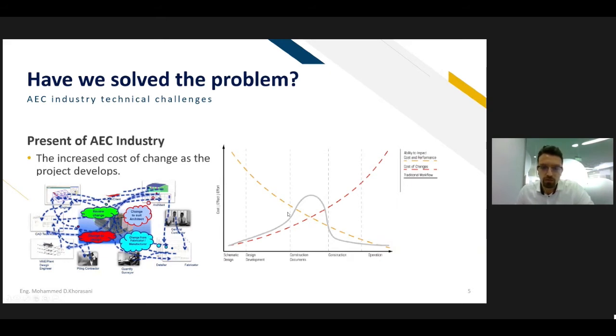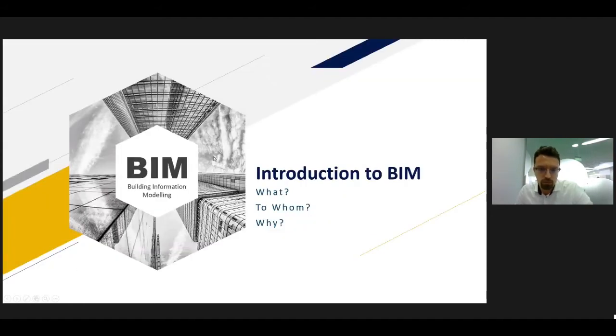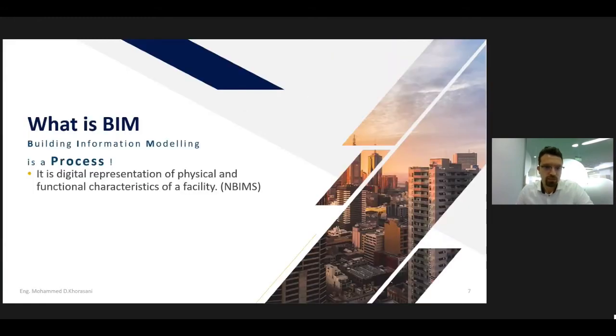So this current situation made people think about a way to find a solution, which is the process that we call BIM, Building Information Modeling. Building information modeling is a digital representation of the physical and functional characteristics of a facility, as per the National Building Information Modeling Standard in the US.